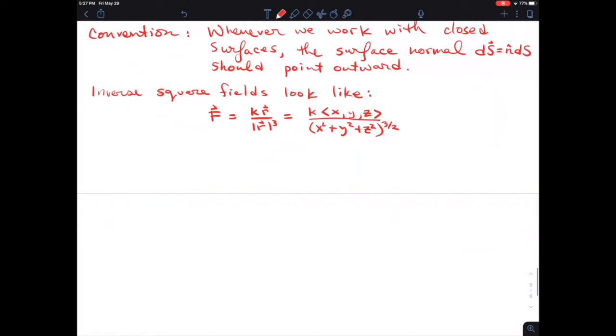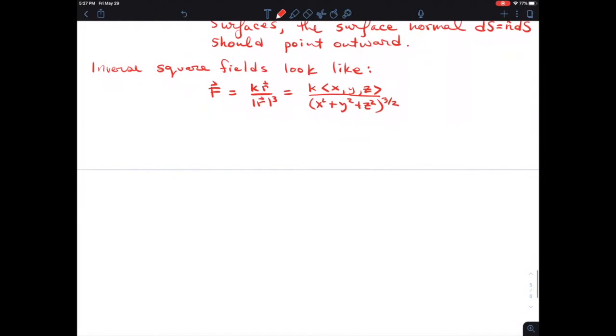And then the flux is going to be surprisingly easy to do because of some of the prior work that we've done to set up the surface differential for a sphere. So here goes the flux. So doing a double integral over surface S, and when we put a circle around this, this implies S is a closed surface.